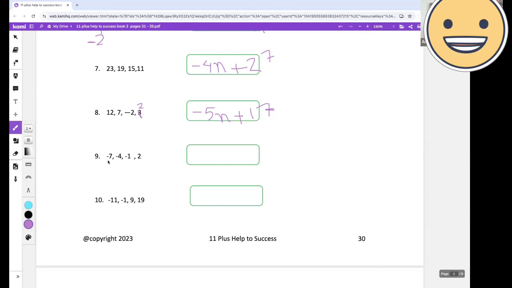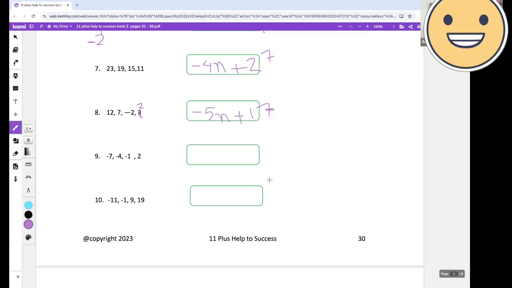Nimra, want to try this one, number 9? Want to give the answer for 9? No? Okay. But Nimra, I want you to do it. You have done it before.